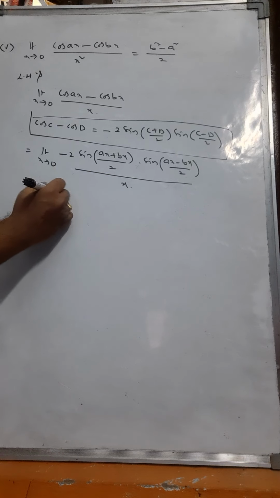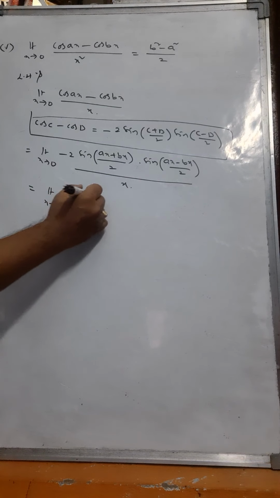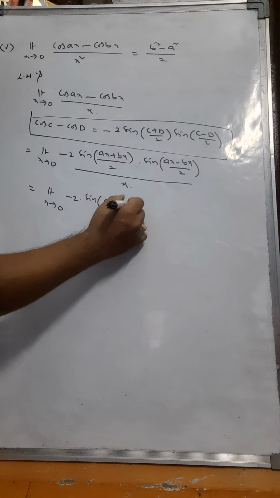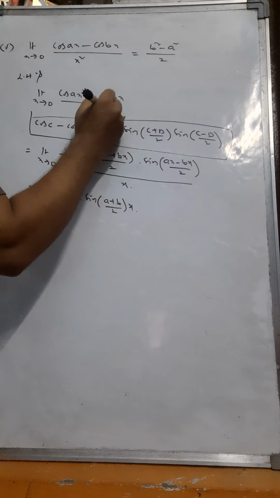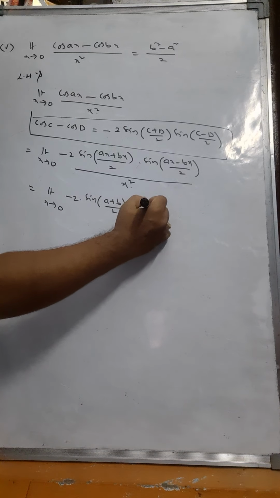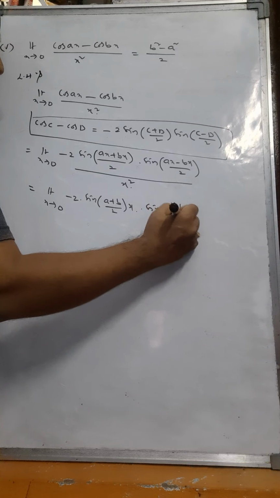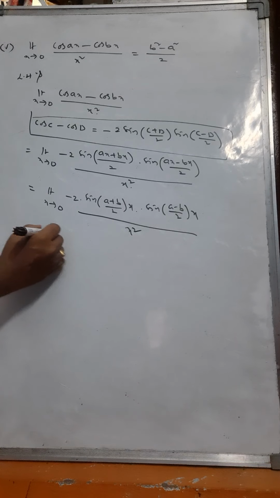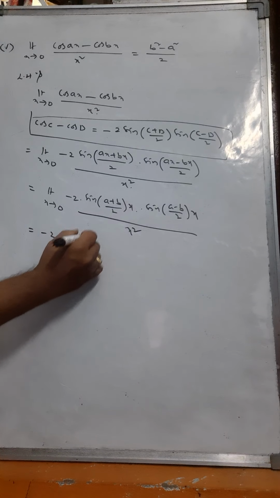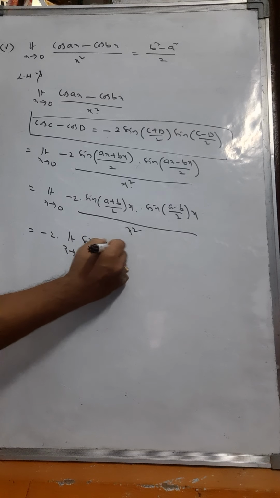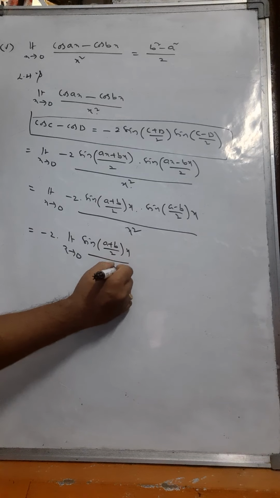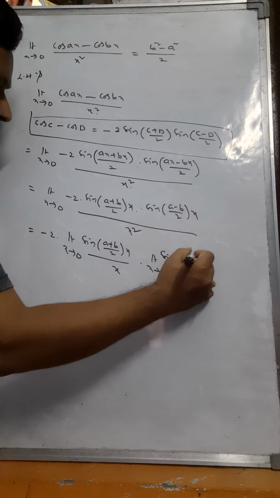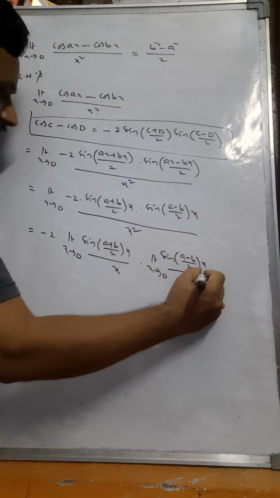So that is equal to limit x tends to 0 of minus 2 sin, x is common, we will get (a+b)/2 into x, it is x square, into sin of (a-b)/2 into x, all divided by x square. It can be written as minus 2 into limit x tends to 0 of sin((a+b)/2 x) by x into limit x tends to 0 of sin((a-b)/2 x) by x.